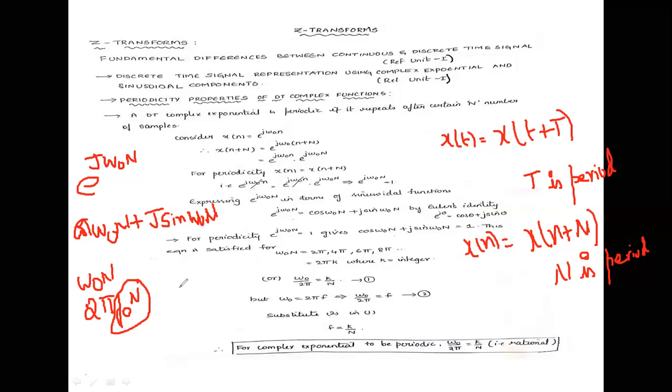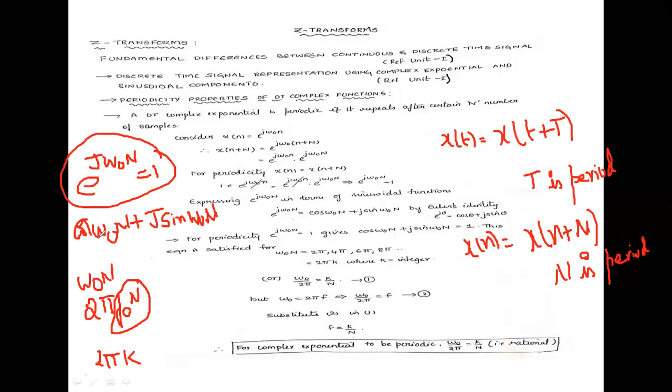So e power j omega naught N is equal to 1 always, because in Euler's identity you can write it as cos omega naught n plus j sine omega naught n. Omega naught is 2 pi f naught in capital N, and capital N is definitely an integer. So it is multiplied with 2 pi into k. Let us assume this is the k value.